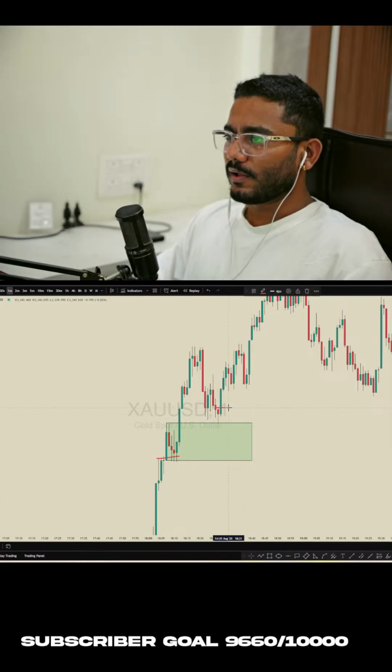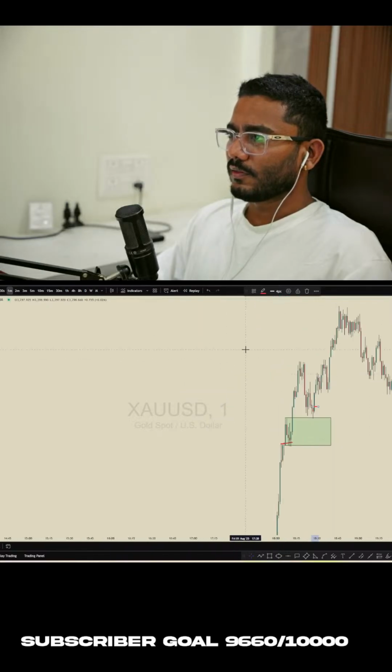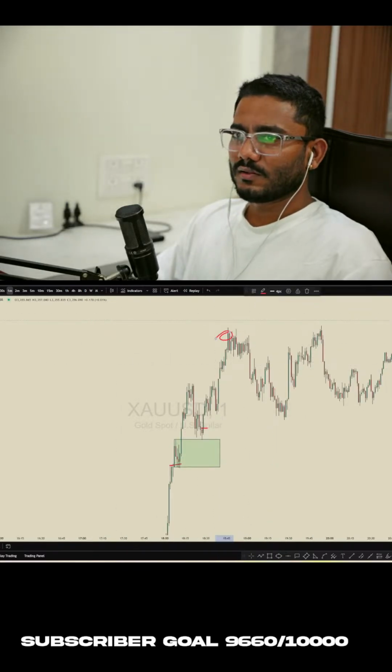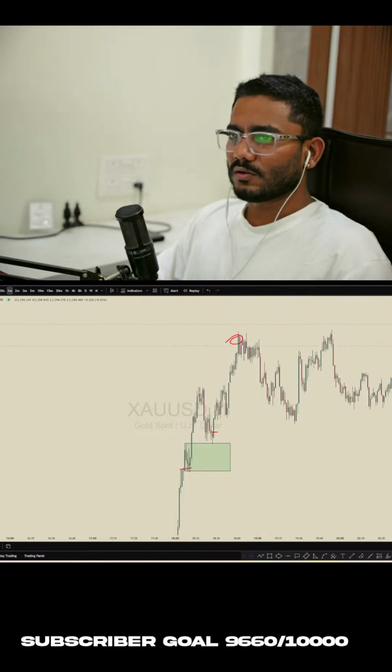After engulfing, I entered here, and the target was not the next high, but 1:3, and the momentum was still going to the upside.